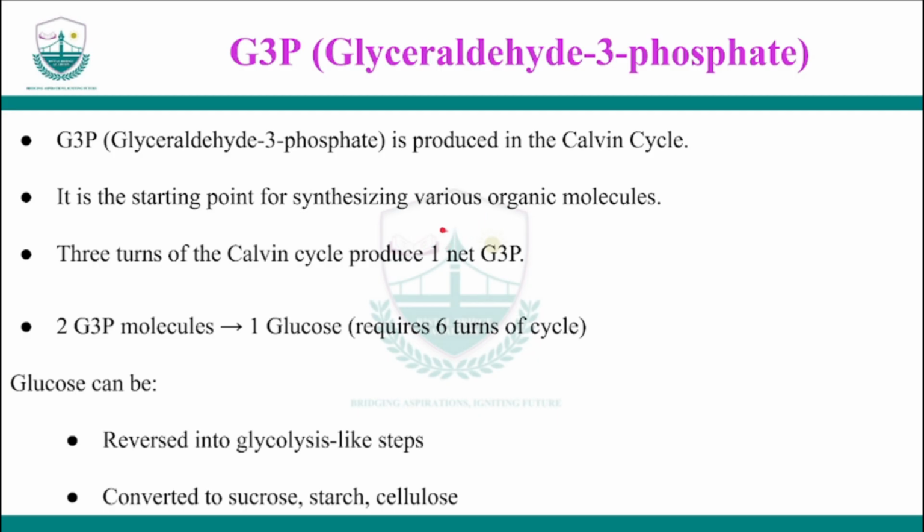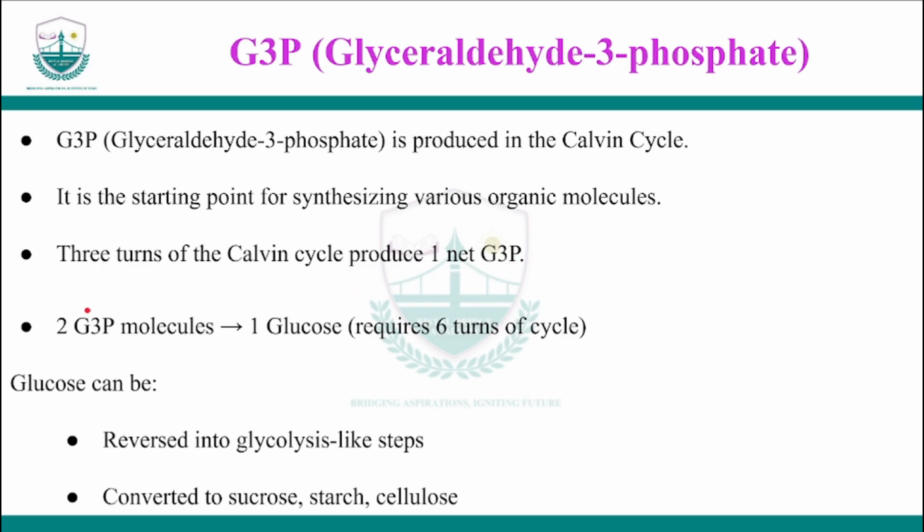So the production of this glyceraldehyde 3-phosphate is that you will have the Calvin cycle moving 3 times, because for you to produce glucose, the Calvin cycle has to move 6 times. For this one, it is moving 3 times because we are dealing with the 3-carbon compound here.